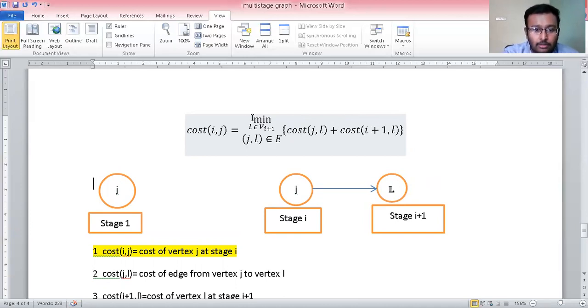You should also know what this minimum is. If you have more than one edge from a vertex at stage i to vertices at stage i plus 1, then you have to select the minimum weight edge from those.